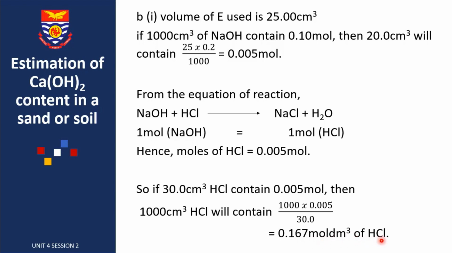So after the calcium hydroxide has consumed some of the acid, this was what was left. We were left with 0.167 moles per dm cube of the acid, and this is what reacted with the sodium hydroxide.